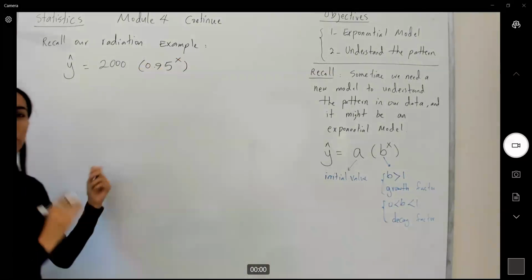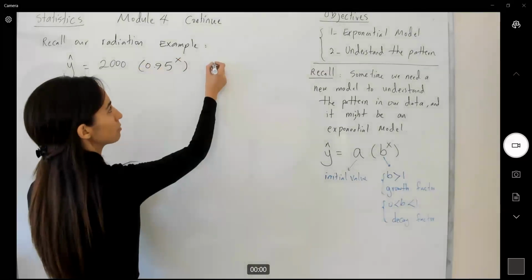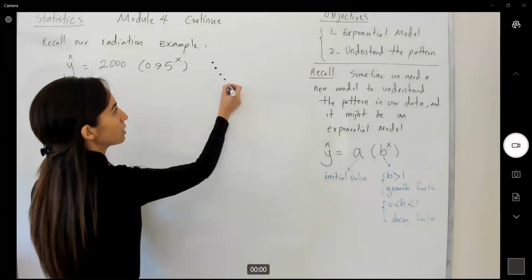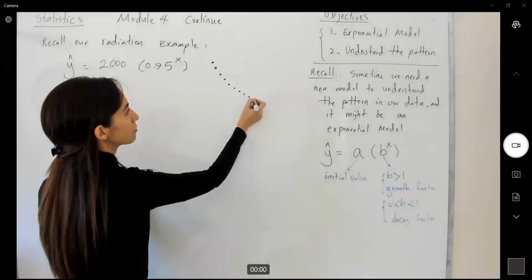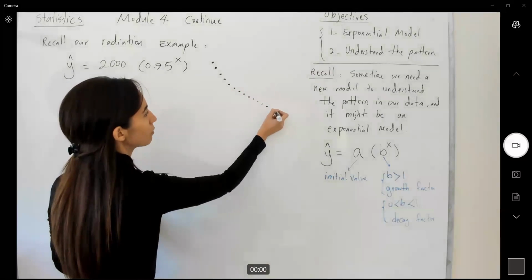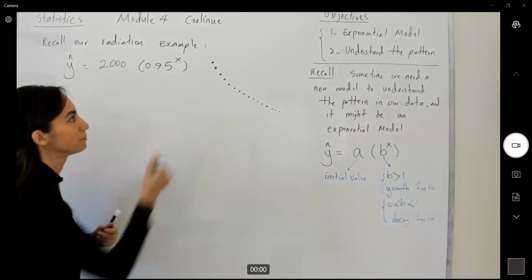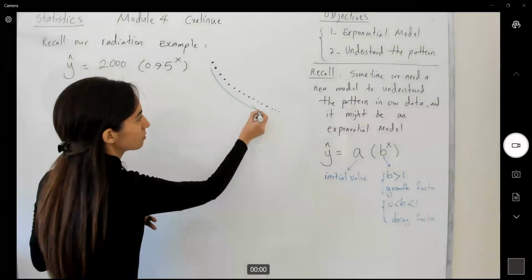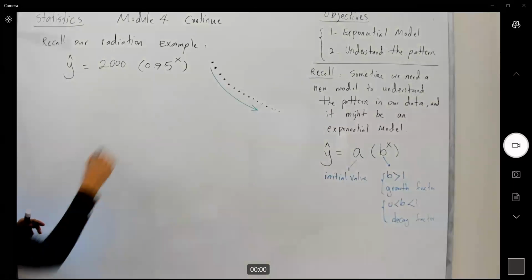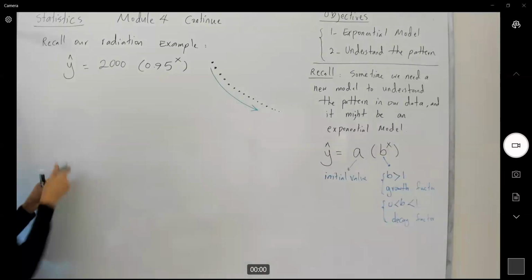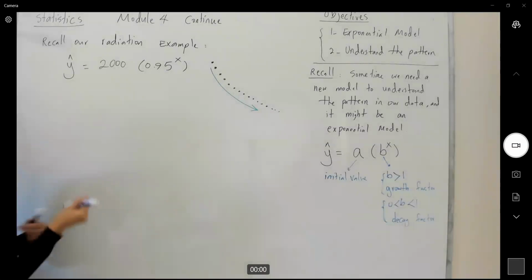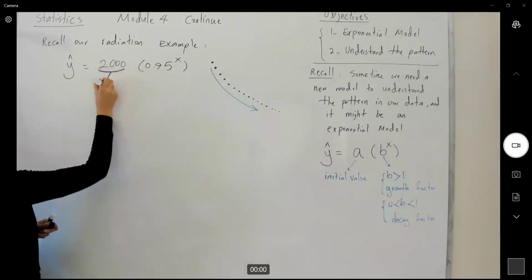And remember the pattern that we saw: x was the number of years, and the amount of radiation was a decreasing graph. Why is that? The initial amount is just 200. That makes sense. This is your A.